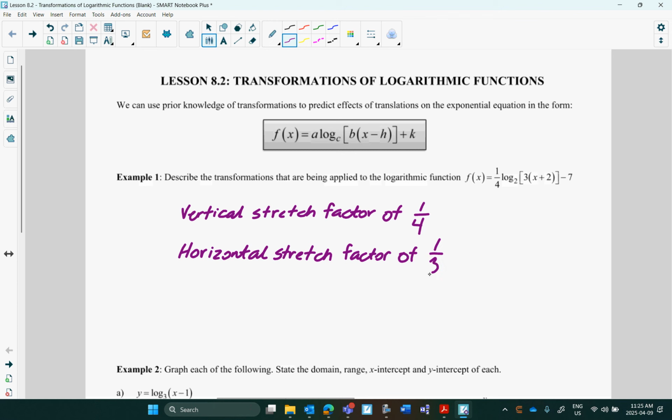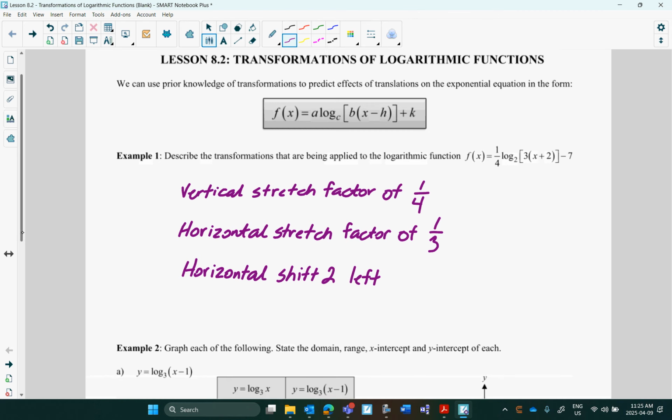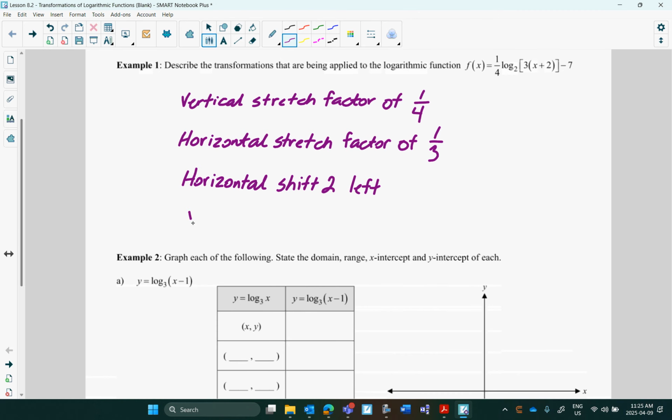For the actual stretch is 1/B, the value of B. Horizontal shift to the left. Yep. Horizontal shift to left. And vertical shift 7 down. Good. Okay.